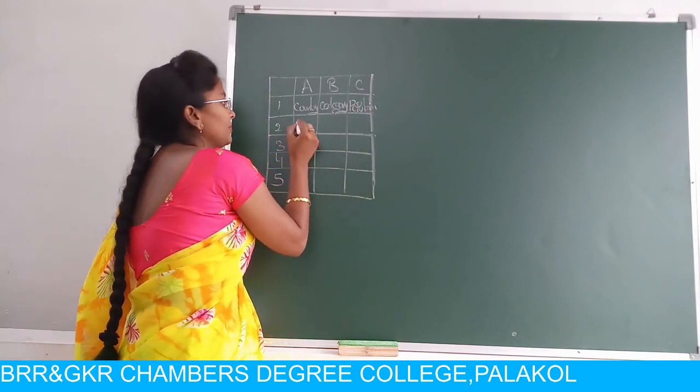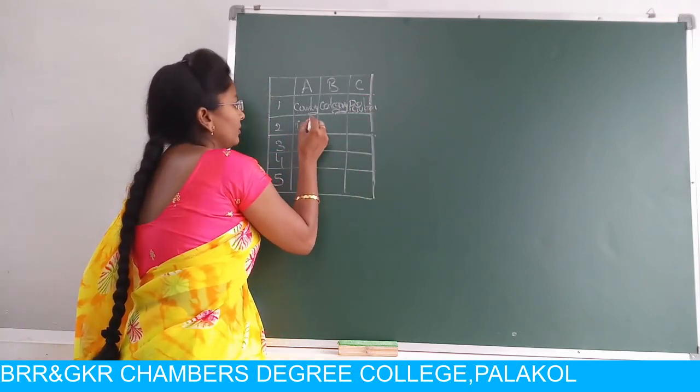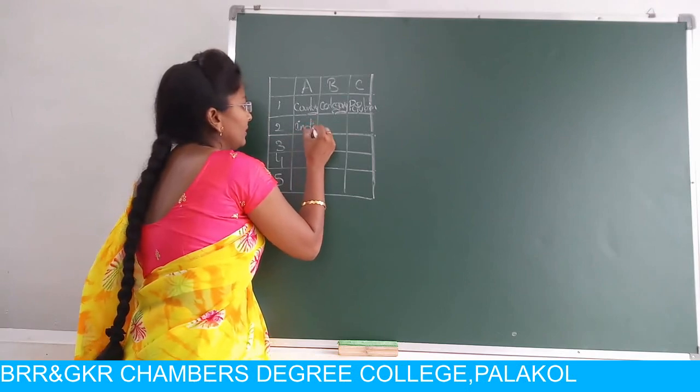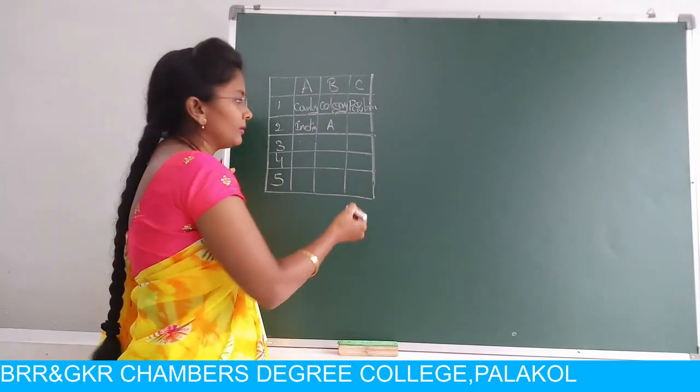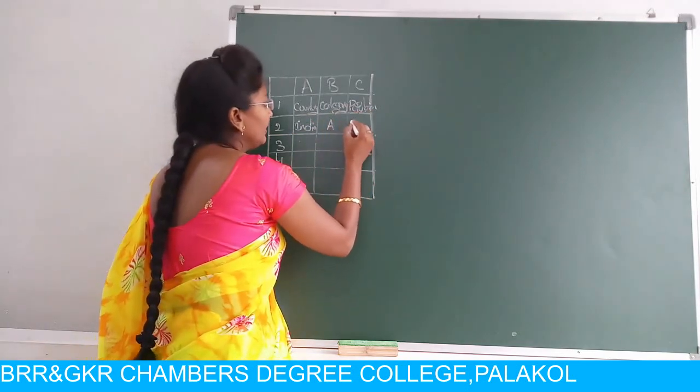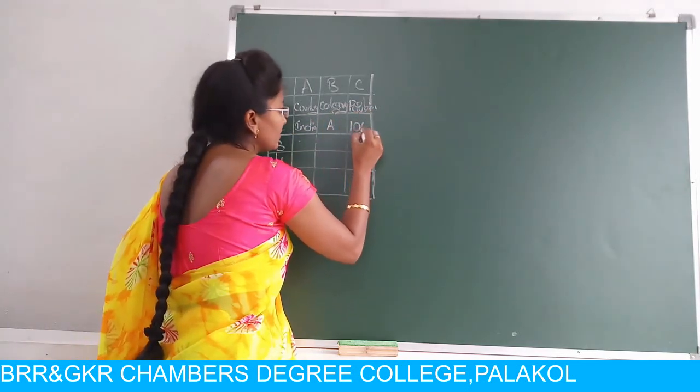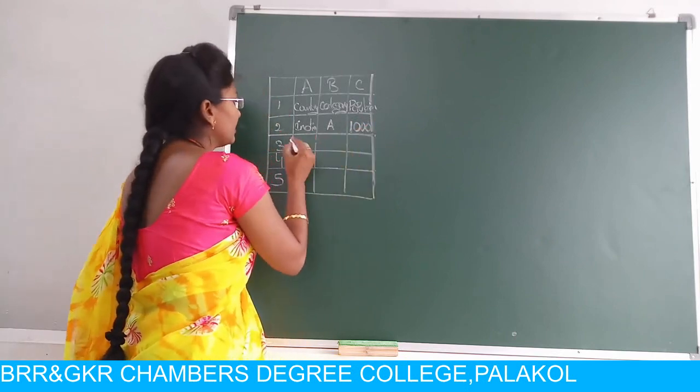Here, the country name is India. Category I am taking as letter A, and then population I am taking just for sample only, as 1,000.